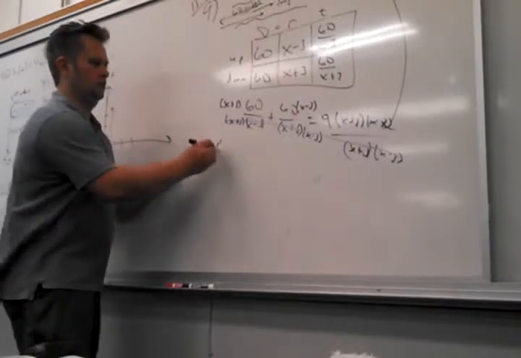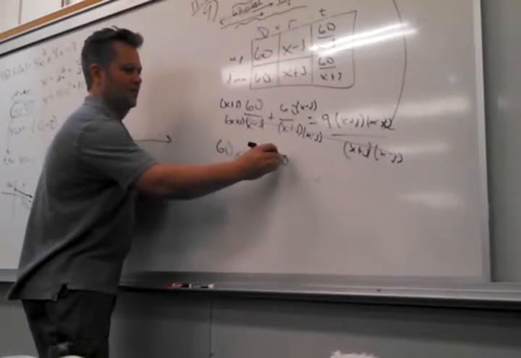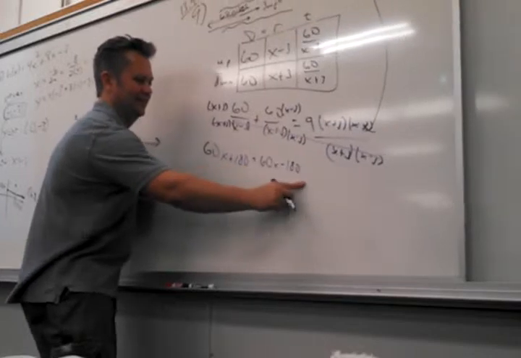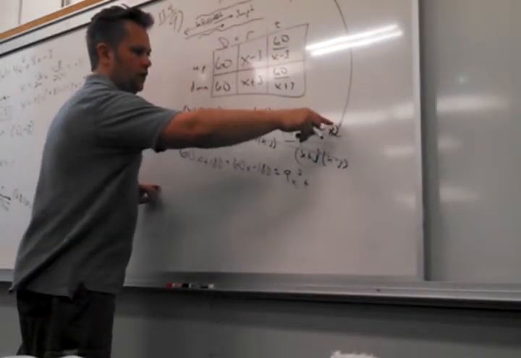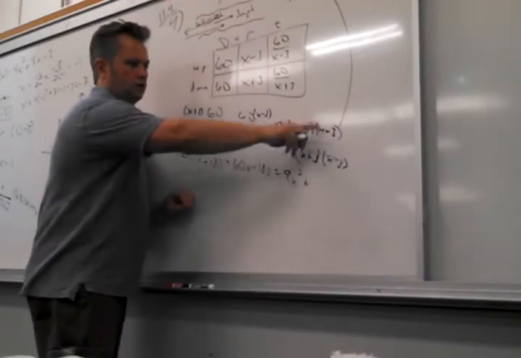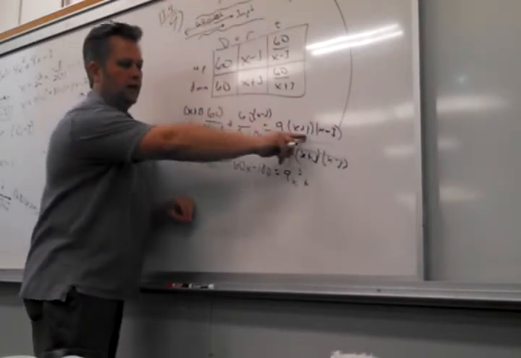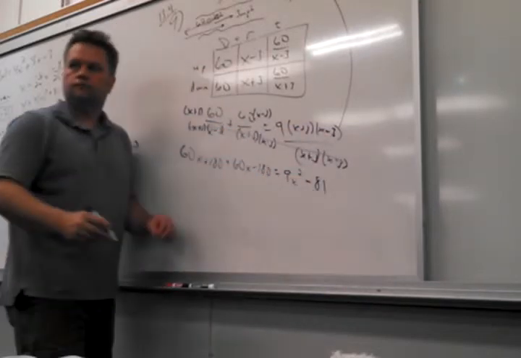60x is 180. So it's 180 equals 9 times x squared, plus 3, minus 3, so the middle term cancels, then you get minus 9 times 9, which is minus 81.